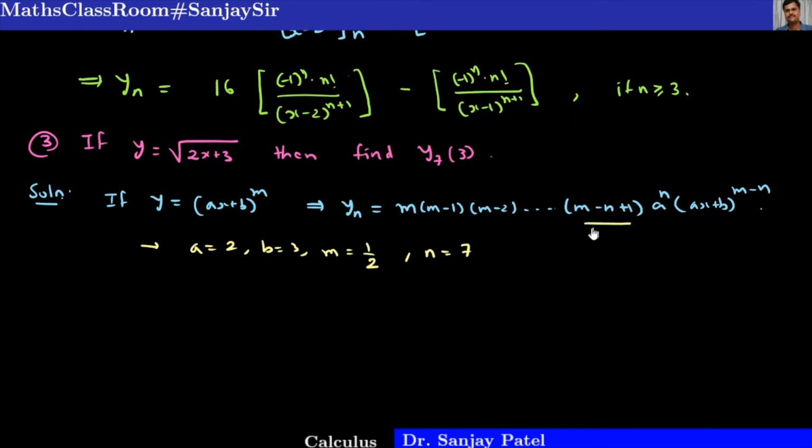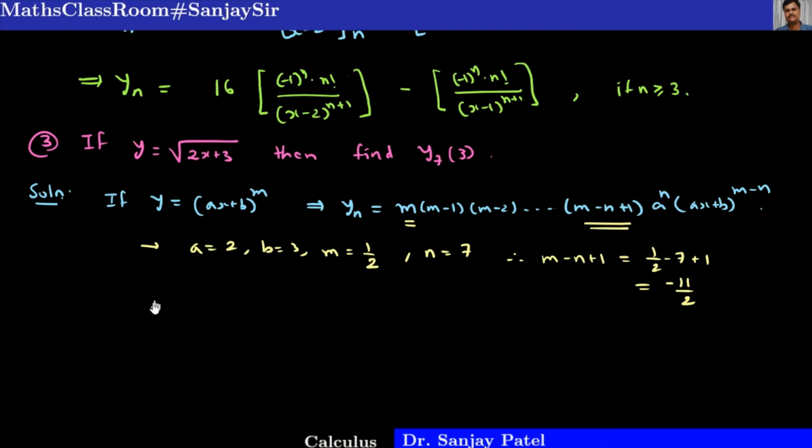So for the last term, m minus n plus 1, m is 1 by 2 and n is 7, so we can write 1 by 2 minus 7 plus 1. Simplifying this, 2 sevens are 14, minus 14 plus 2 is minus 12, plus 1 is minus 11 by 2. So starting with the first value of m, we have to reach up to minus 11 by 2.